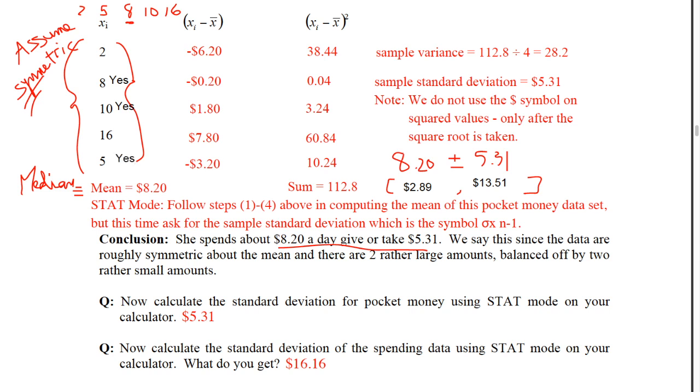So this is called within one standard deviation. It's the sample mean, right? Within one standard deviation of the sample mean, how many of the observations are in that interval? What percentage of observations?